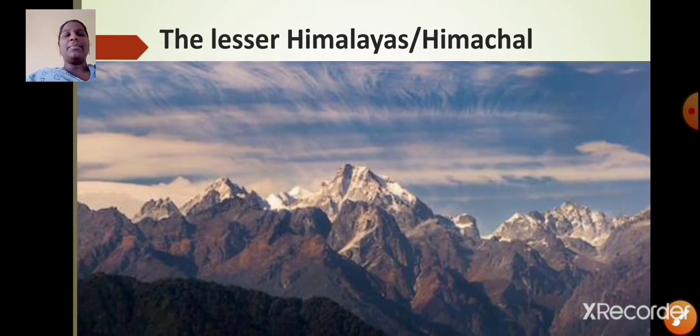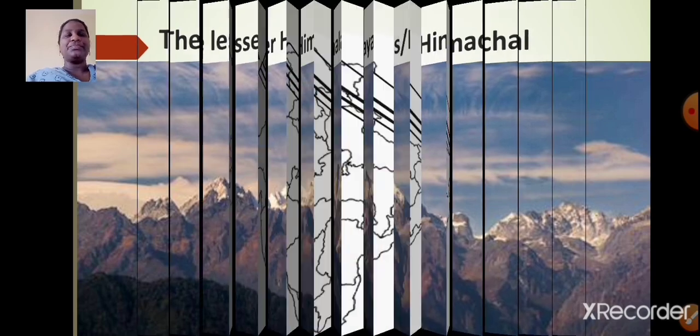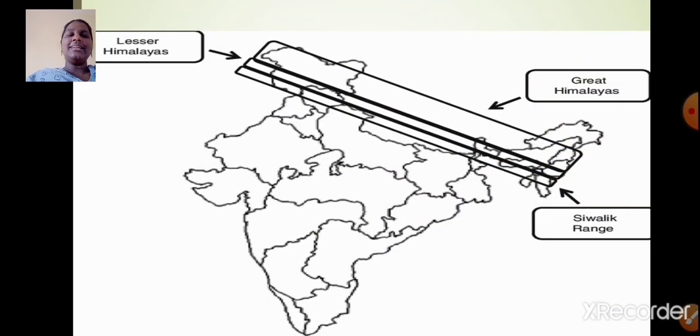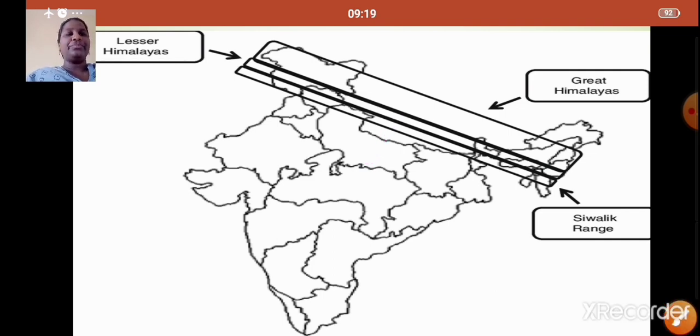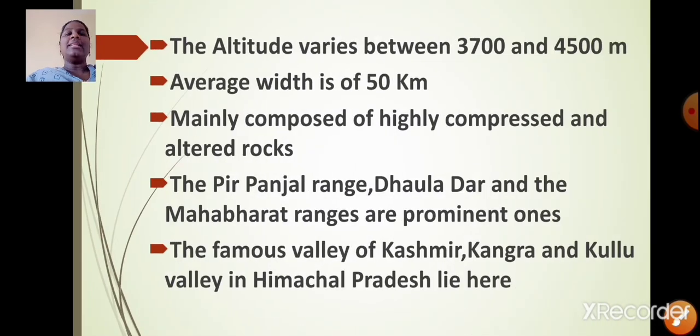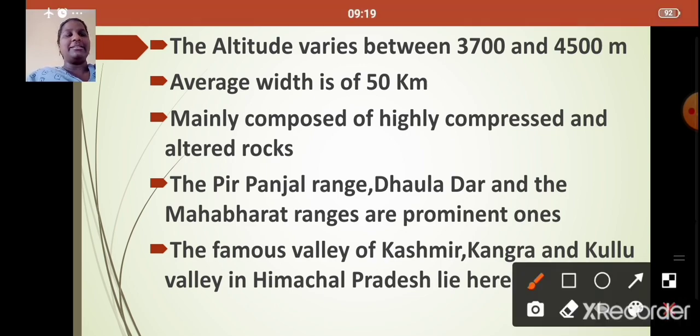Now let us talk about the Lesser Himalayas or the Himachal. Lesser Himalayas lie to the south of Great Himalayas. The altitude varies between 3,700 and 4,500 meters.